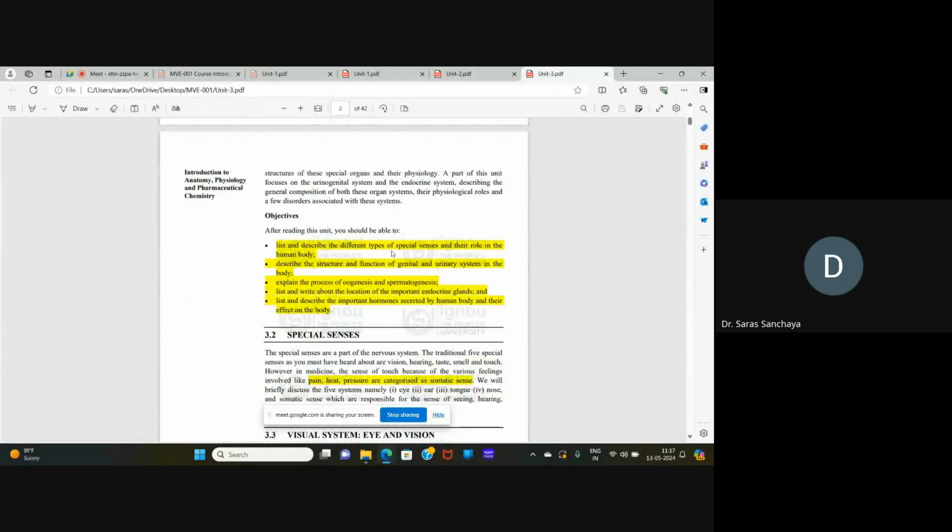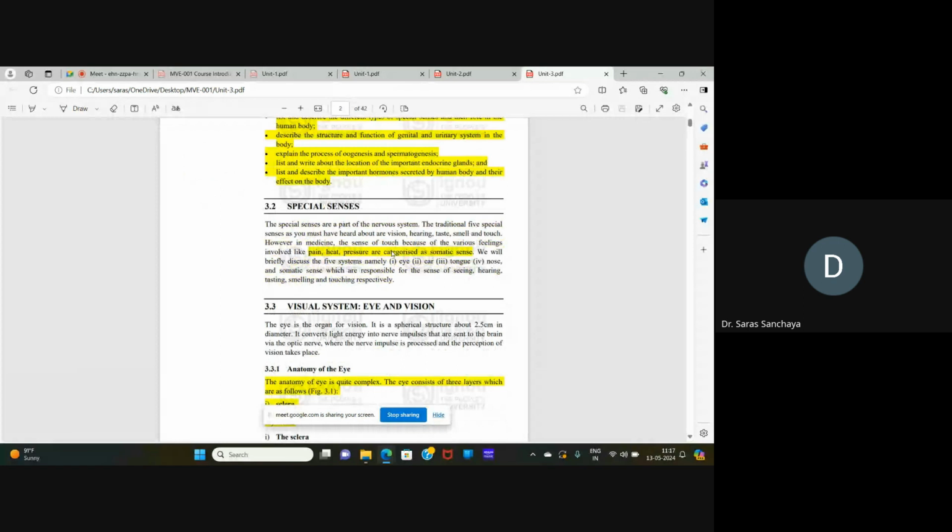The objectives of this unit are to list and describe the different types of special senses and their role in the human body, describe the structure and function of the genital and urinary system in the body, explain the process of oogenesis and spermatogenesis in the reproductive system, list and write about the location of the important endocrine glands, and list and describe the important hormones secreted by the human body.